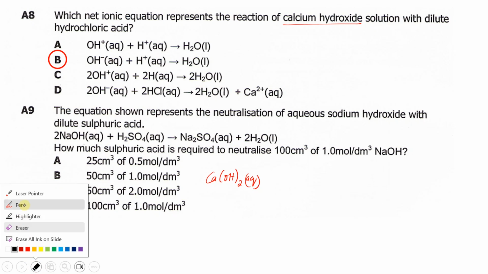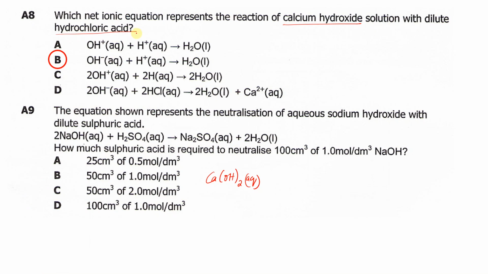So plus dilute hydrochloric acid, HCl aqueous as well. This now gives us calcium chloride, which is aqueous, plus water. Because this is a base and an acid, a base and an acid will give you a salt and water.